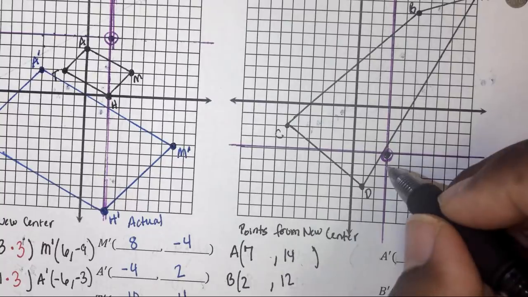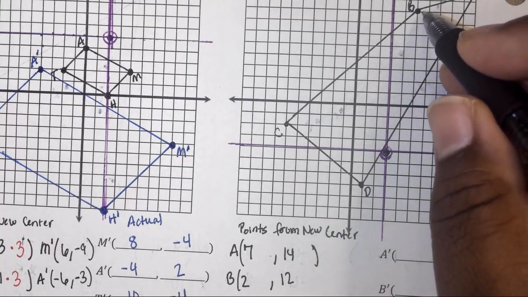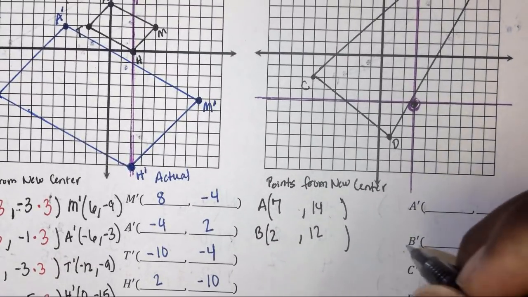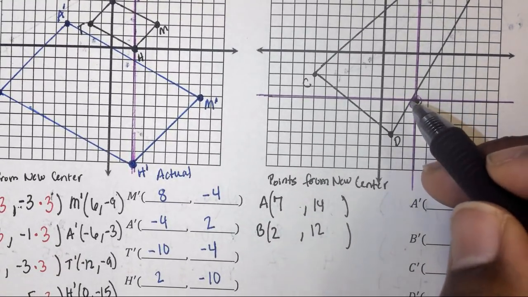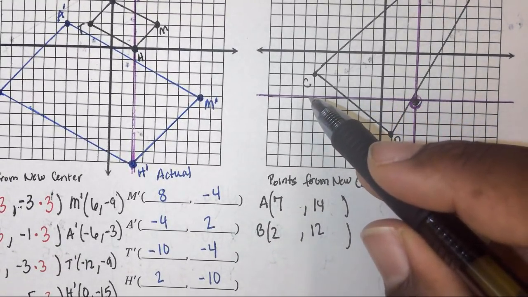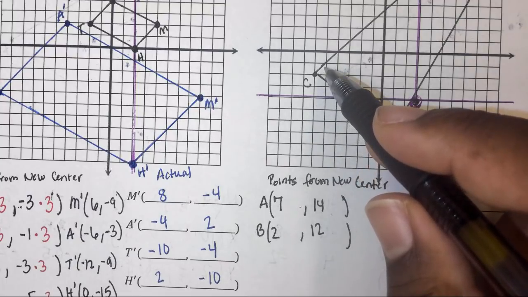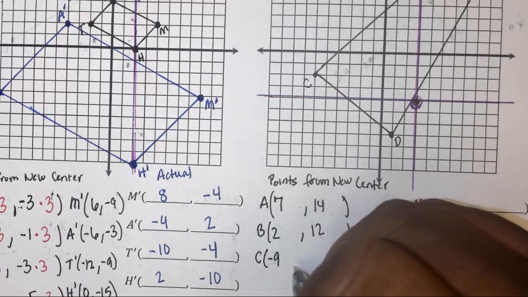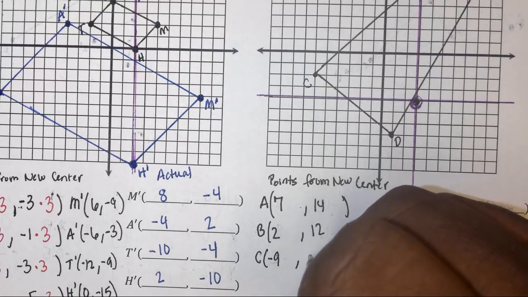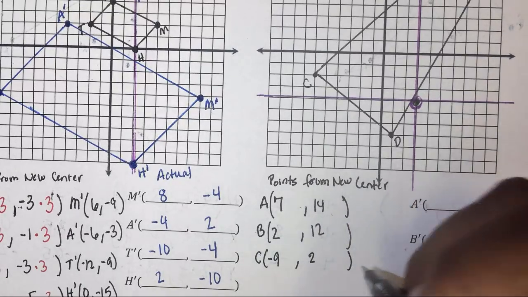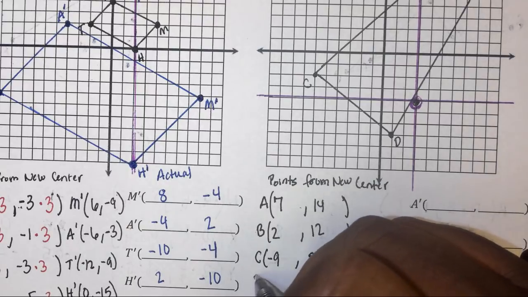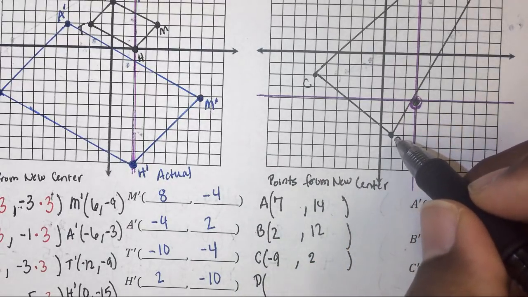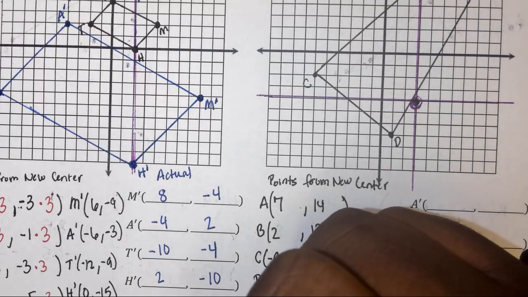Alright, from the center of the dilation. And then C, that's going to be (-9, 2). And then the last one, D, is going to be (-2, -3).